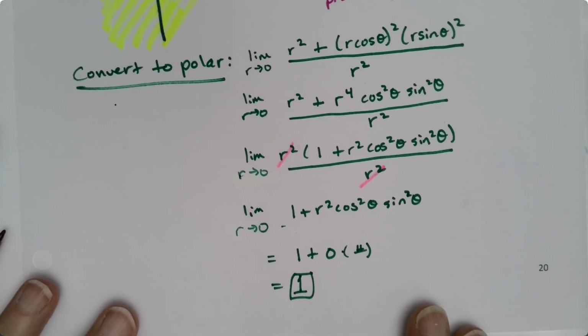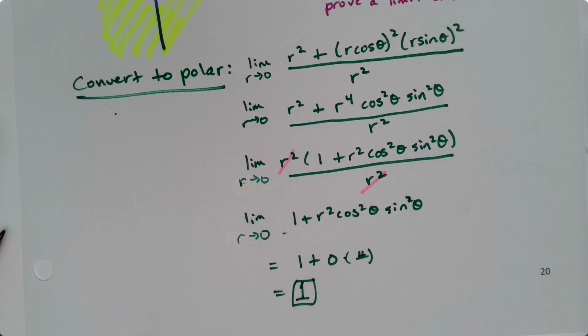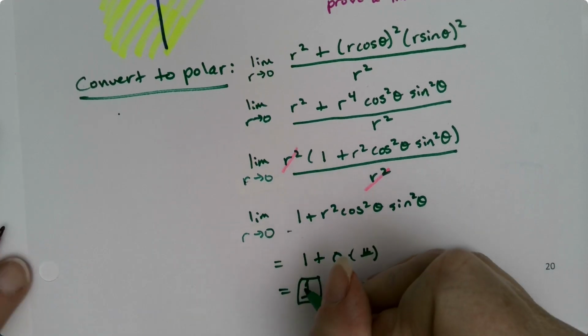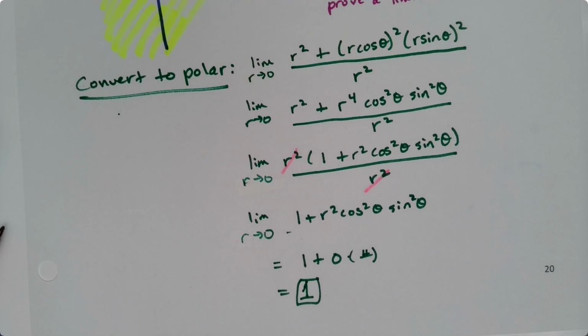All right, so we couldn't prove that the limit exists in our standard factoring algebra way, like it wasn't going to work out. And we couldn't prove it didn't exist with the path method. So our next option was to convert it to polar, and that worked out. We were able to prove that the limit exists, and we didn't need paths or anything like that, right?